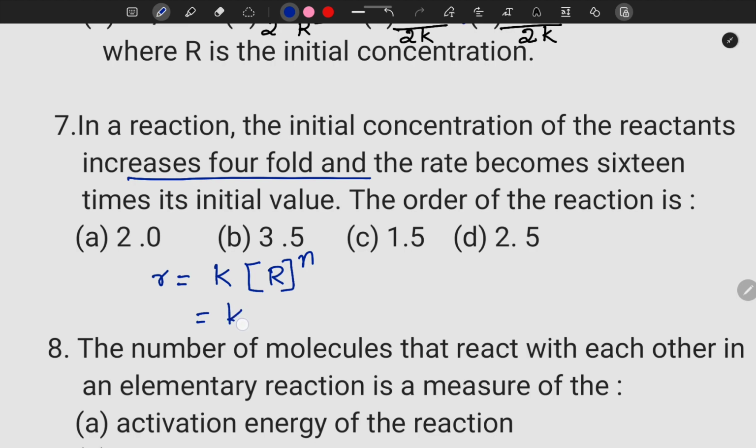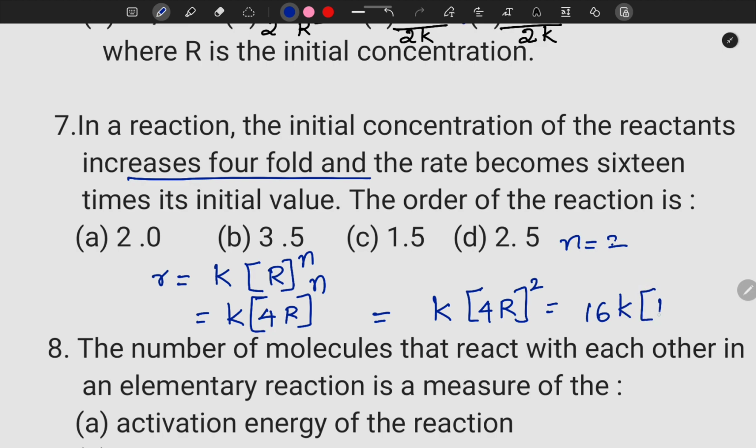So we can write k into 4R raised to n. If we substitute n equal to 2, that is k into 4R raised to 2, that is 16 kR square. So when we substituted n equal to 2, it became 16 times. So the order of the reaction is 2.